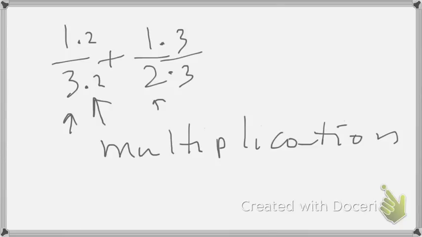So if you want to make the denominator the same, you have to multiply by each number in both the numerator and denominators. Okay? And now you obtain, and then you multiply.